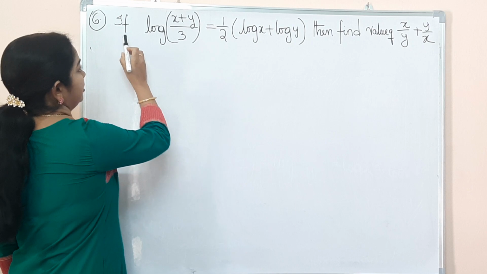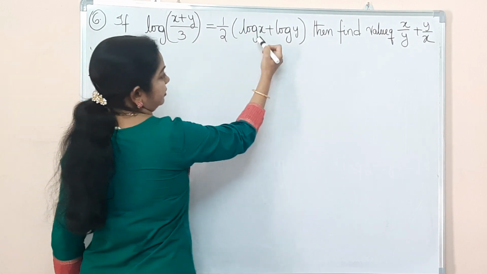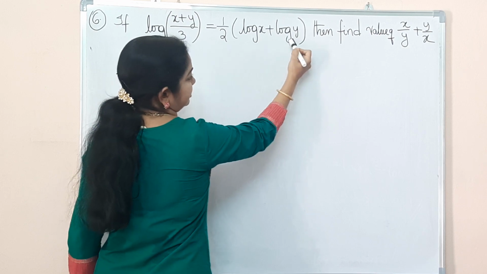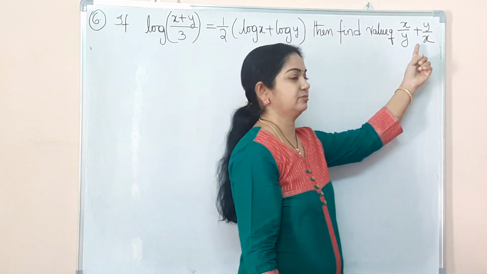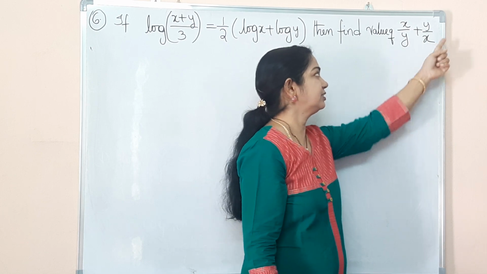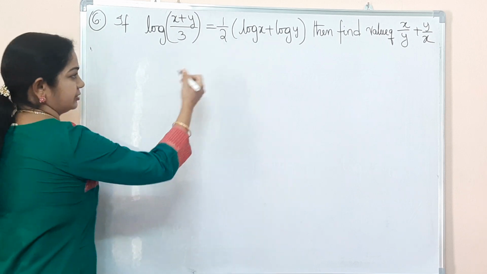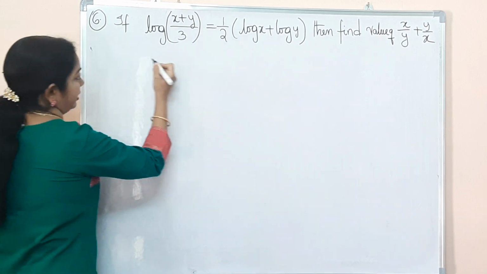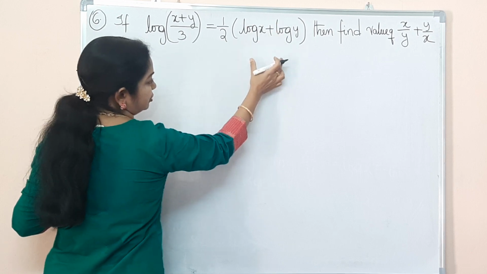Let's see the next problem. If log of (x plus y) by 3 is equal to half into (log x plus log y), then find the value of x by y plus y by x. Here you see there is no logarithm in the required value, so we have to deduce it into x and y form. Let's take this expression. Here there are 2 logs, we'll bring them into 1 log.